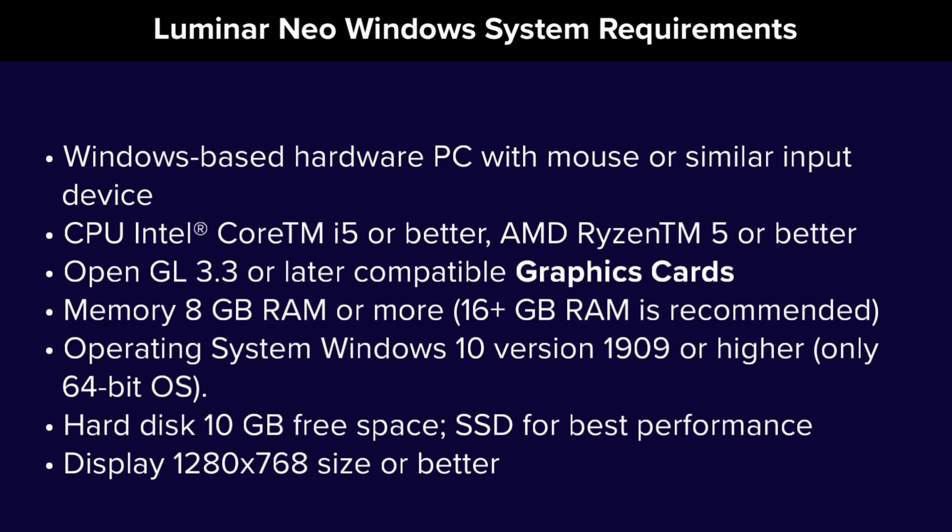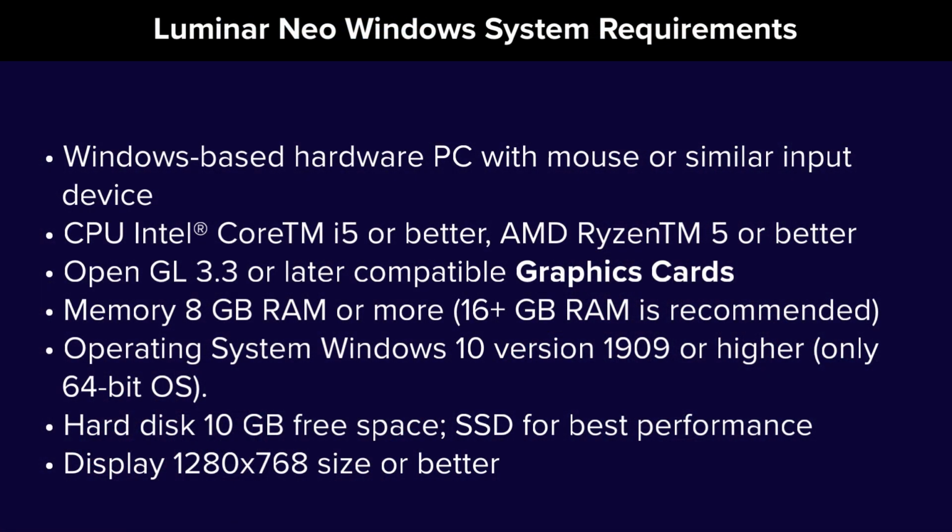Now for Windows systems, a certain level of processor, again, there's that Intel Core i5 or an AMD Ryzen. OpenGL 3.3 compatible graphics cards. That suggests to me that a graphics card is required. I don't know enough about PCs. I don't run Windows, so I don't know if those are standard in your typical Windows system, but that's one thing to check on, the graphics card, if you're a Windows user.